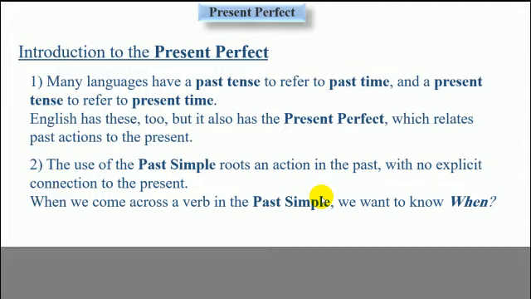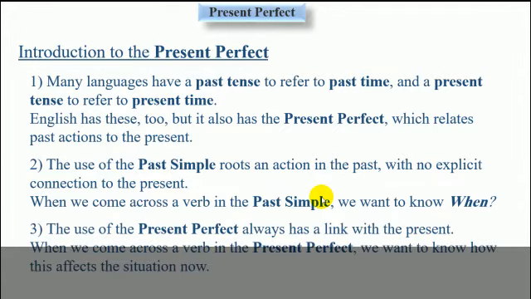The action started in the past. This is the root, okay? All the aspects of the present perfect share the same fact that the action started in the past. But we want to know when.